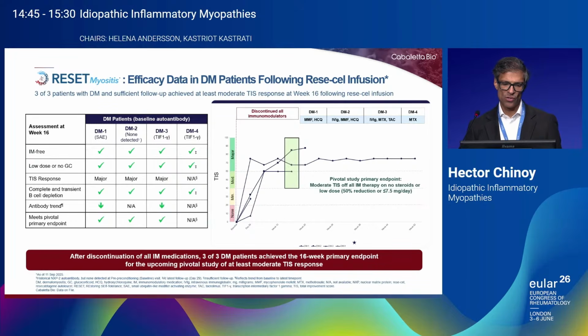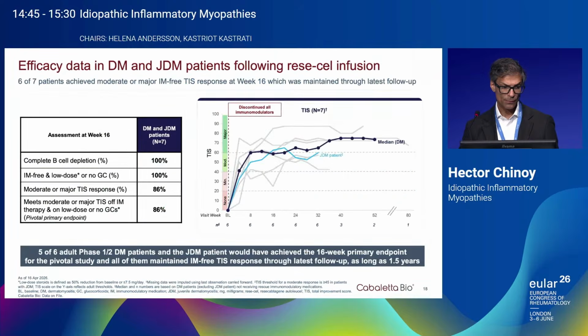And what we also saw was a very, very low incidence, if any, of any AEs in these patients as well. So then this is follow-up data in DM and JDM. And this was only released in the public domain yesterday.